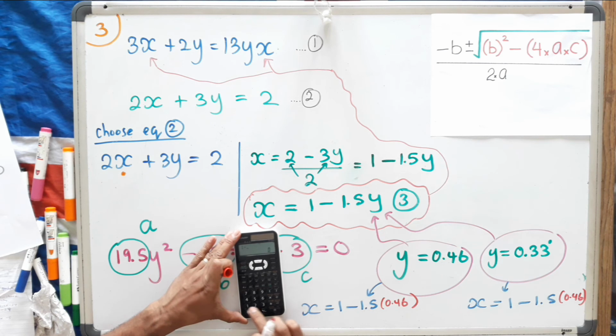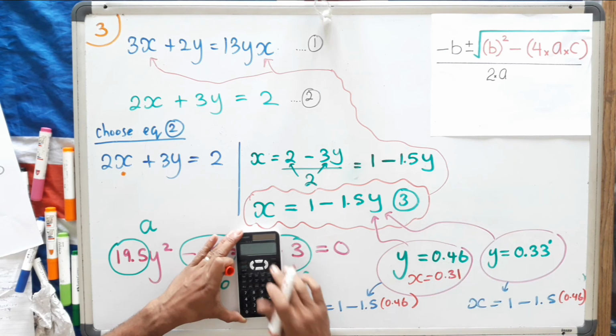1 minus 1.5 multiplied by open brackets 0.46 close brackets. So my first answer for x is 0.31, and my next answer now, 1 minus 1.5 multiplied by open brackets 0.46.